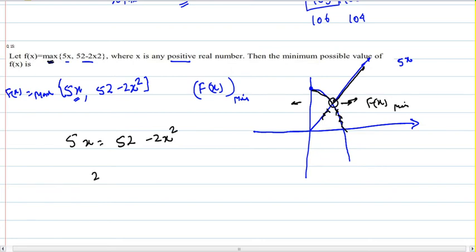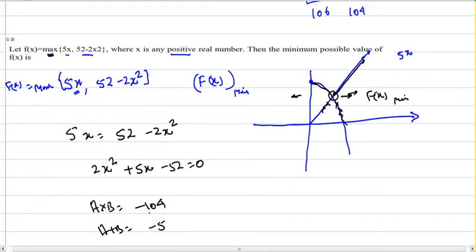If I rearrange, I will have 2x square plus 5x minus 52 is equal to 0. How to solve this? Product of roots is equal to minus 104 and sum of roots is equal to minus 5. So factors of 104 that differ by 5.